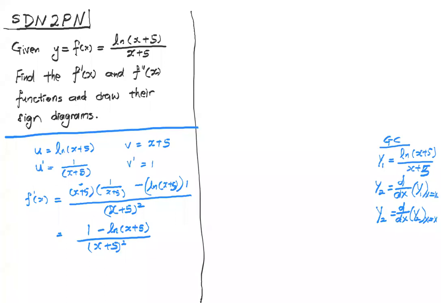Okay, so to draw the sign diagram, we will do one by one. We will do the f'(x) first, then after that we'll do the f''(x). To draw the sign diagram for any given function, we need to find f'(x) equal to 0 first. Since it's a fraction, the top must be equal to 0.